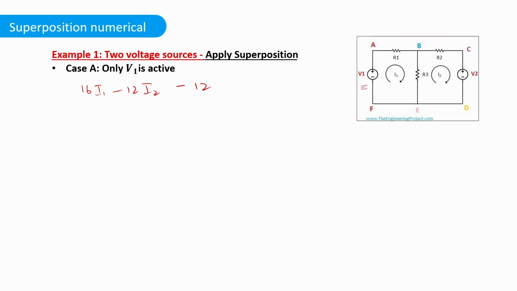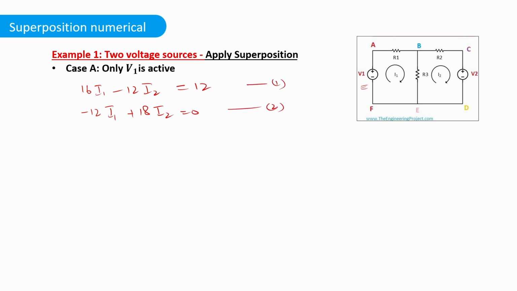The second equation was minus 12 I1 plus 18 I2 is equal to 0, right?